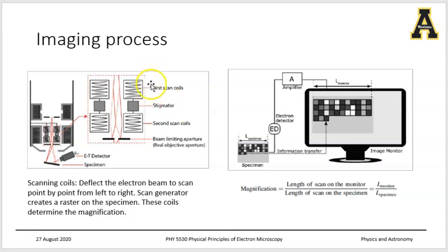So you have the first set of scanning coils that are responsible for motion in, let's say, the X direction, and then the second set of coils are responsible for the deflection of the beam in the Y direction, right? So you apply small currents to each of these. The amount of current that goes into these coils is already pre-programmed.